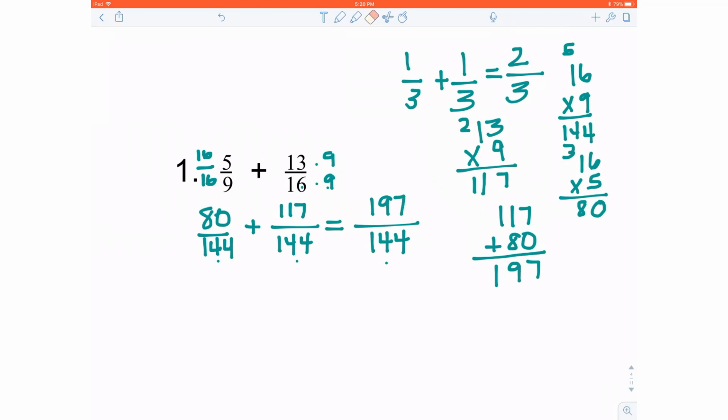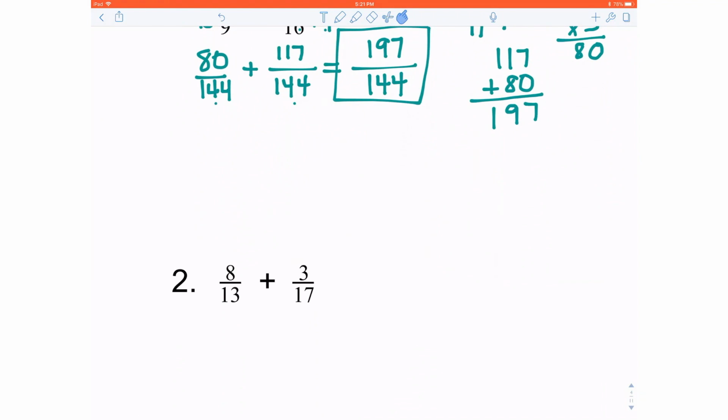Now let's notice something. The numerator here is bigger than the denominator, okay? Which means this is actually an improper fraction, which we have to turn into a mixed number. We're going to review that a little bit later. We're not going to worry about that now. We're just going to leave it at 197 over 144. Okay? So let's go ahead and move on.